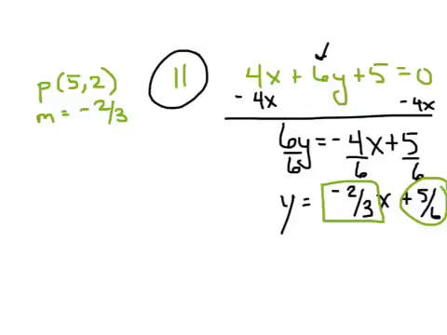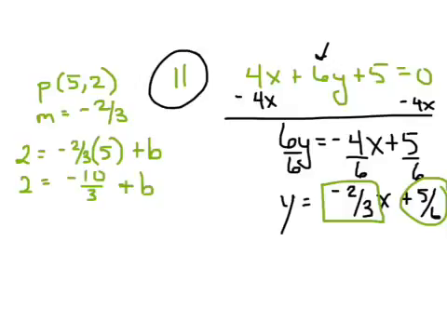Now, me personally, I like to use y equals mx plus b. So 2 is going in for y, -2/3 is going in for m, 5 is going in for x, and I don't know b. The first thing I do is multiply that together, which makes negative 10 over 3. Again, you go straight across the top, and then you add 10 thirds to both sides.